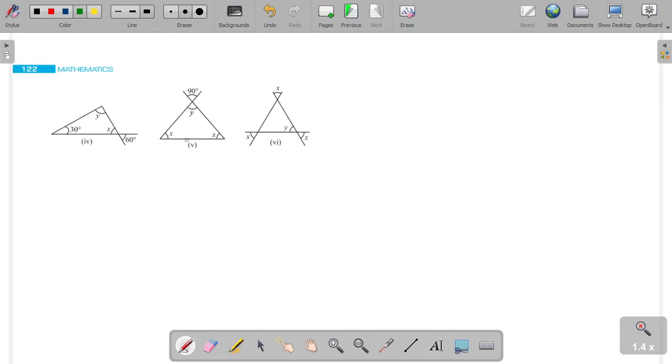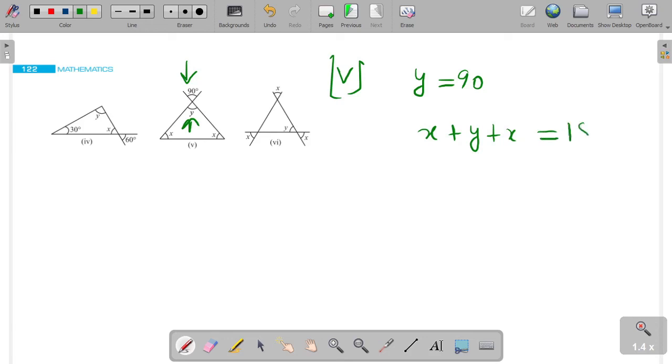Then we go to the fifth part. In fifth part you can see this is vertically opposite angle, y and 90. So y is equal to 90 degree in fifth part, and then we can say x plus y plus x equals 180. So we put the value of y, x plus 90 plus x is equal to 180 degree, or 2x plus 90 equals 180 degree.